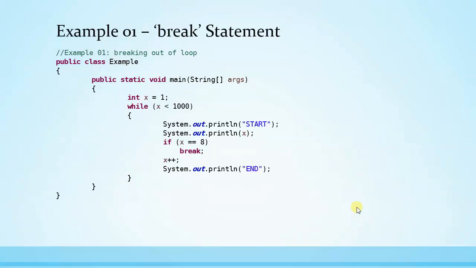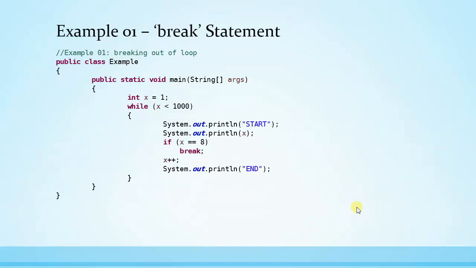When we are printing 8, we will print start, then we will print the value in x, which is 8. Then the condition is executed. If x equal to 8, yes, then since the condition evaluates to true, we will execute the break. Then we will come out of the loop. That means in the 8th iteration you will see a start, then the value 8, and you will not see the text end in the console output window.